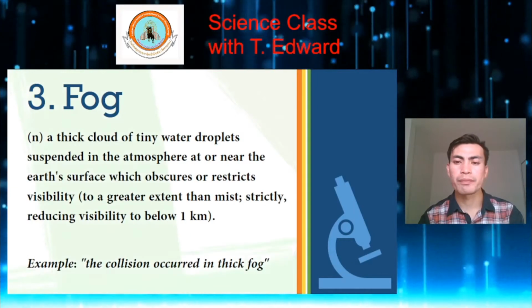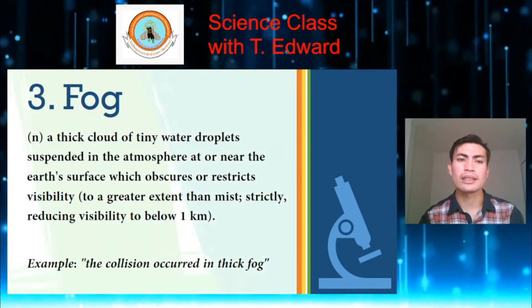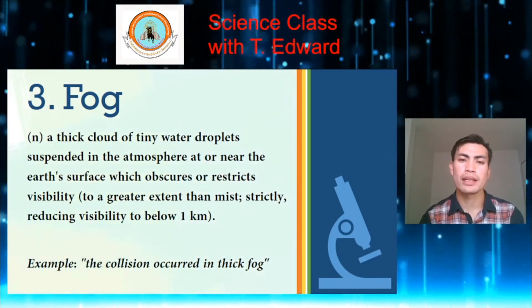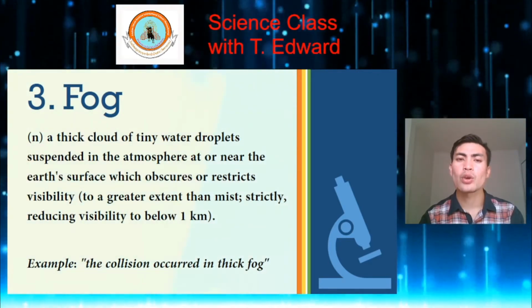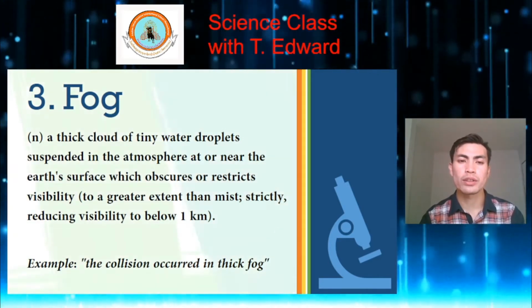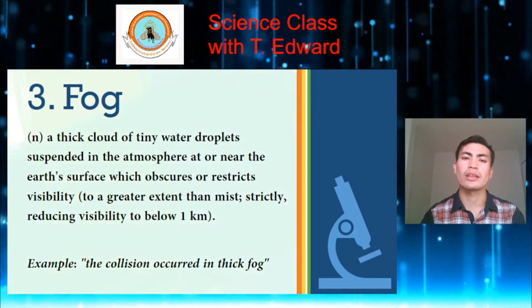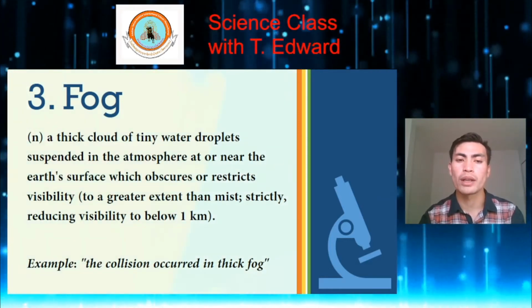Number 3, fog. Fog is also a noun. It is a thick cloud of tiny water droplets suspended in the atmosphere at or near the Earth's surface, which obscures or restricts visibility to a greater extent than mist, strictly reducing visibility to below 1 kilometer.